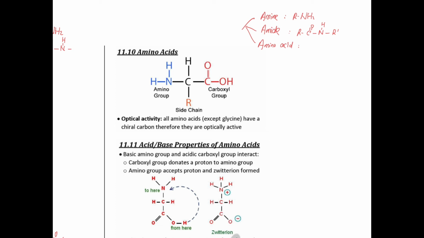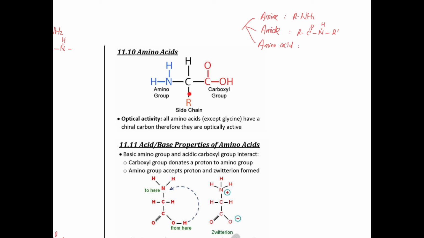Now, let's look at the optical activity. All amino acids except glycine. What is glycine? Glycine is where the R here is a hydrogen. So if the R here is hydrogen, then this carbon will have hydrogen up here and hydrogen down here. That is for glycine.